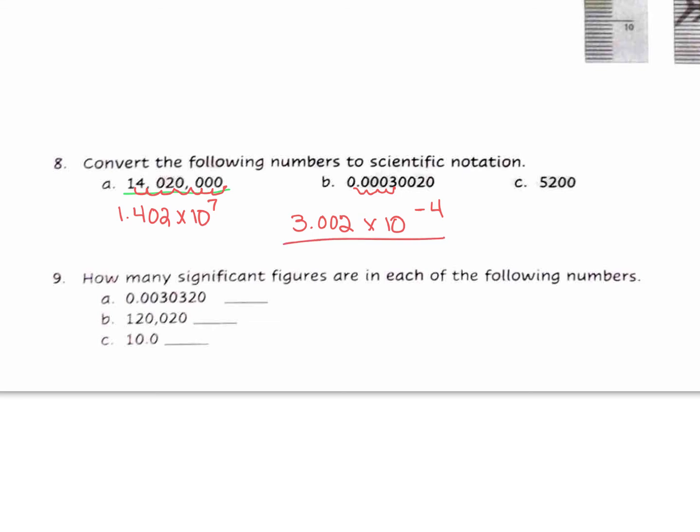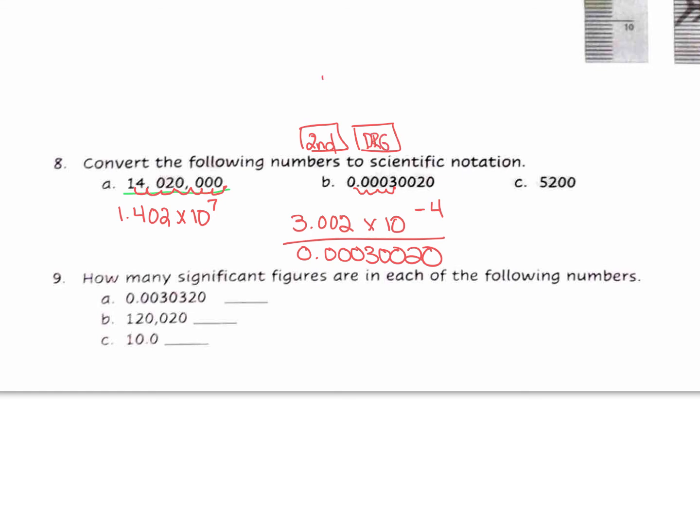But once again, you can put this into your calculator. Just type it in 0.0030020. And if it's in scientific mode, just hit enter. If not, put it in scientific mode. So to do that, you're going to hit the second key and then the key right next to it, which is DRG.